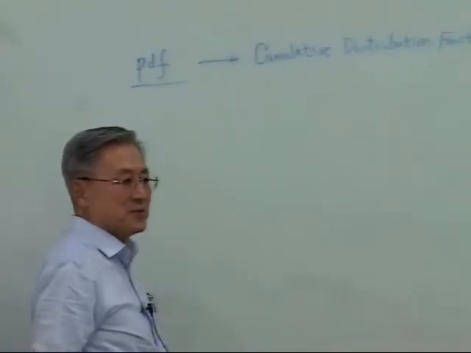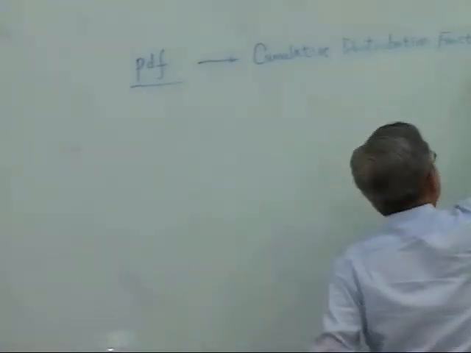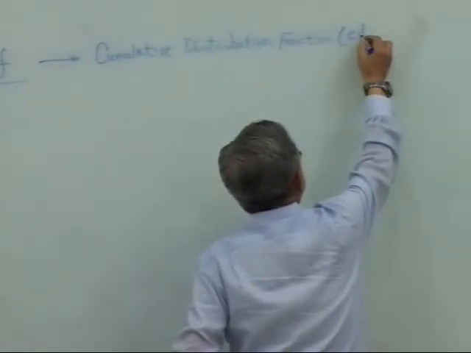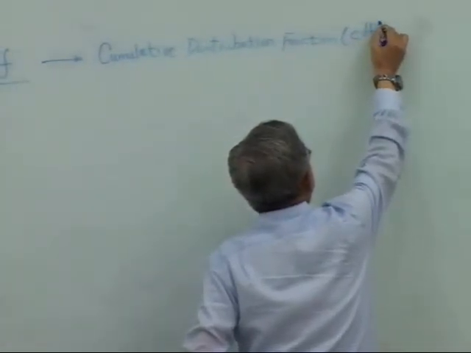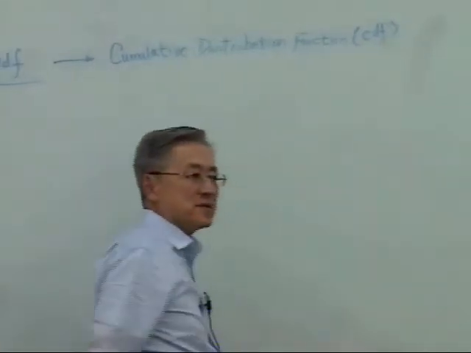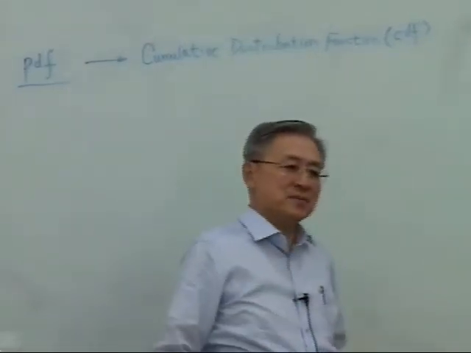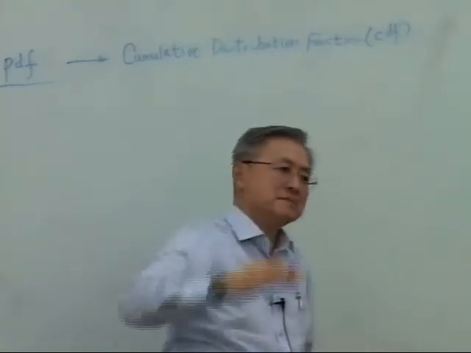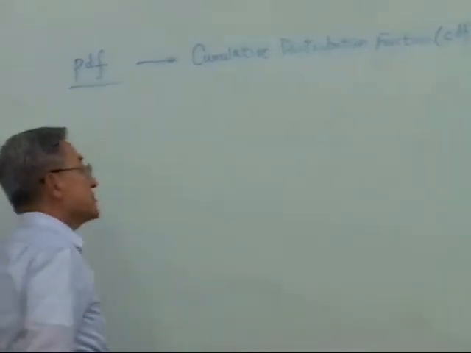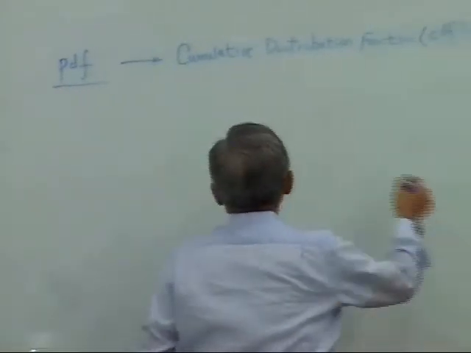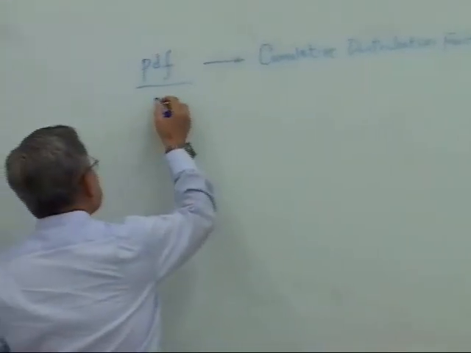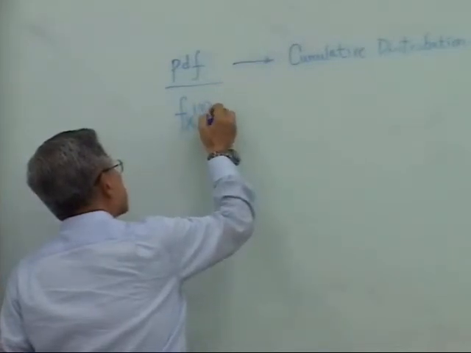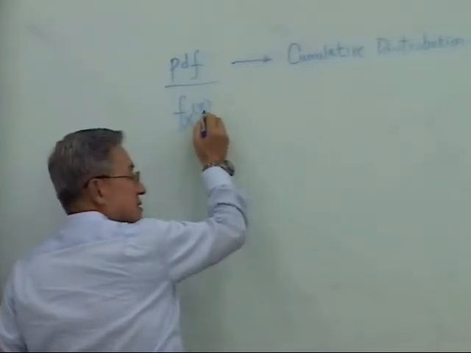Cumulative distribution function, or simply speaking, you can say CDF. Cumulative, keep adding up, that's what that means. So, cumulative distribution function. And the probability density function I write as f of capital X, small x.